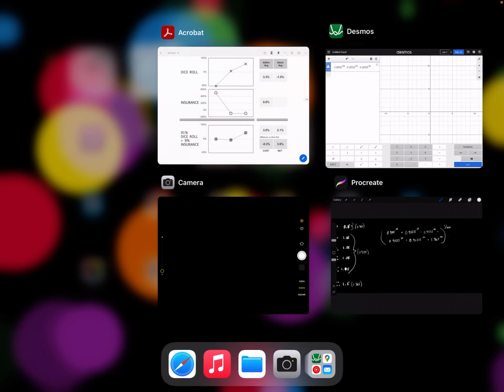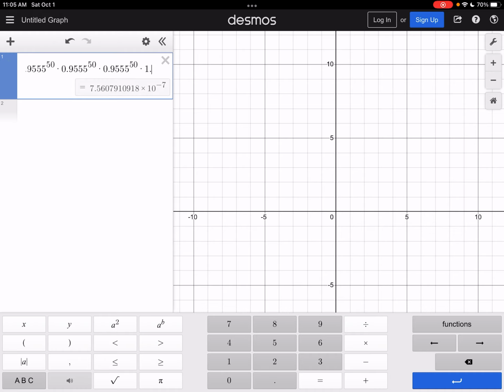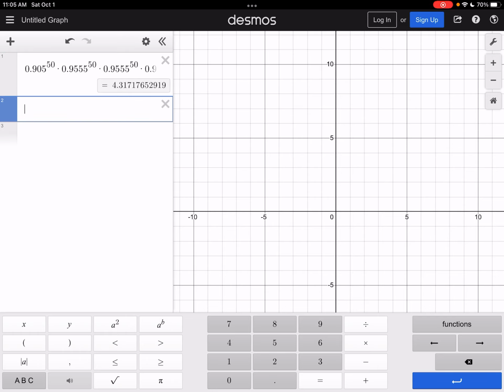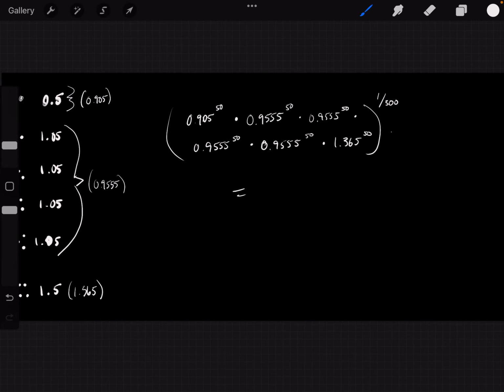Multiplied by 1.365 raised to the power of 50. You get 4.31717, raised to the power of 1 over 300.